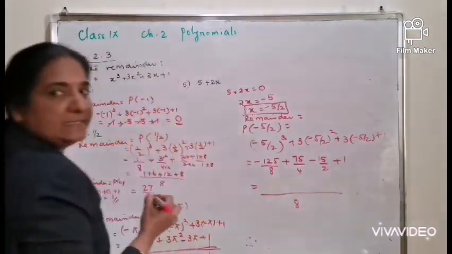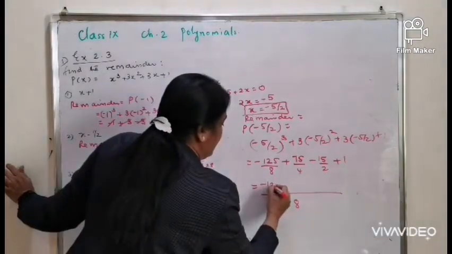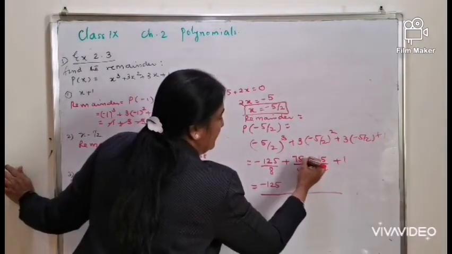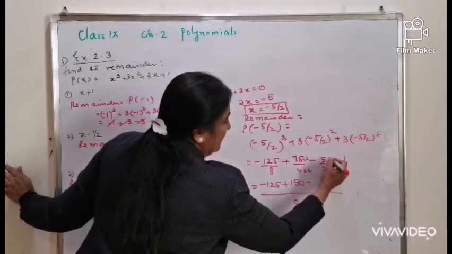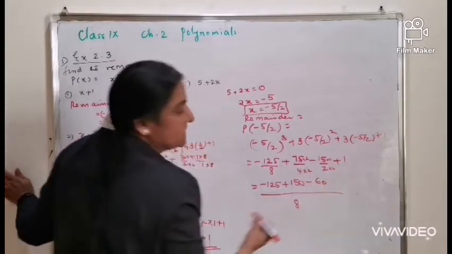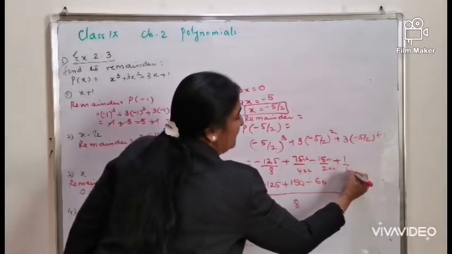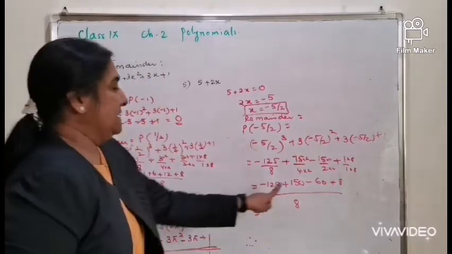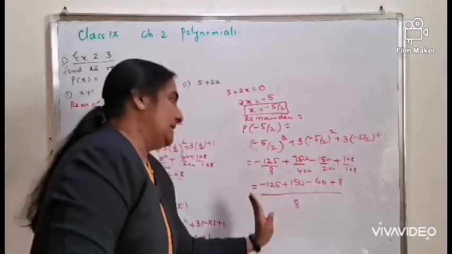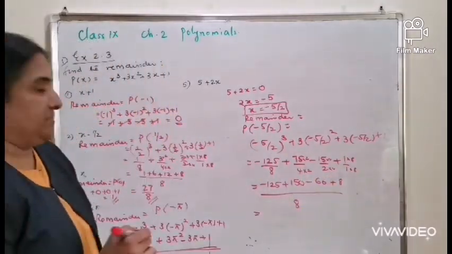LCM is 8. Minus 125 plus 150 minus 60 plus 8. Add the positive numbers, add the negative numbers, then you subtract.